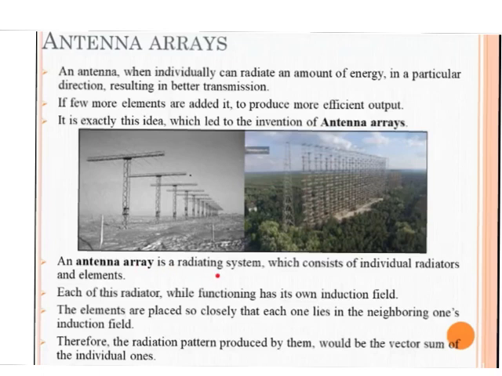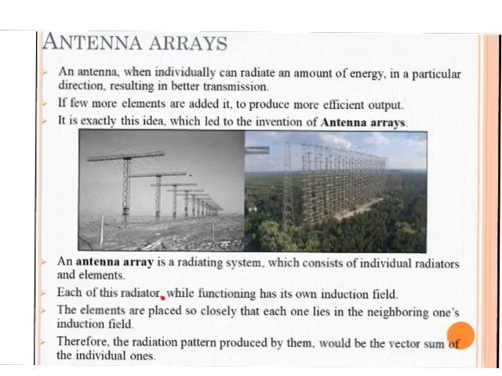An antenna array is nothing but a radiating system. This radiating system consists of individual radiators and elements, and each of these radiators functions with its own induction field.